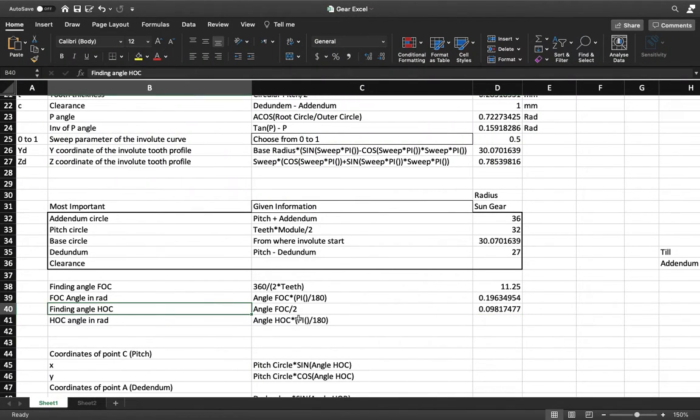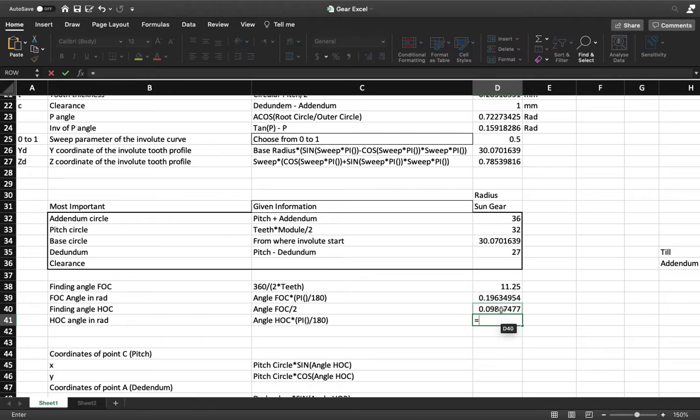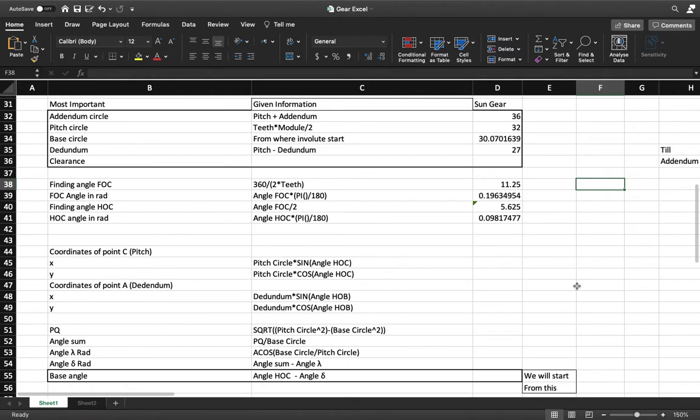Here, the angle HOC in radians, because Excel only deals with radians, that's why. Is this correct? I think there's something wrong. I think this should be this actually. Because I already turned it to radians, then I calculated it again, so that was my mistake.